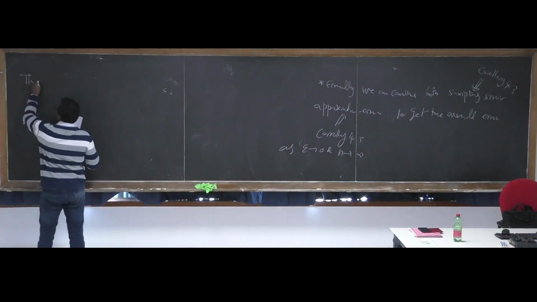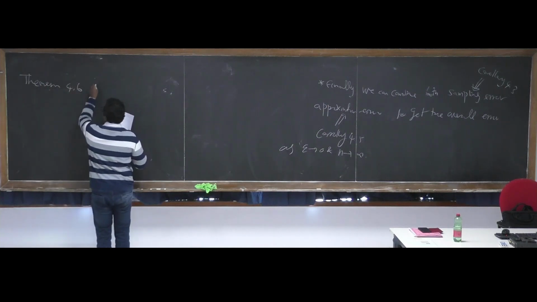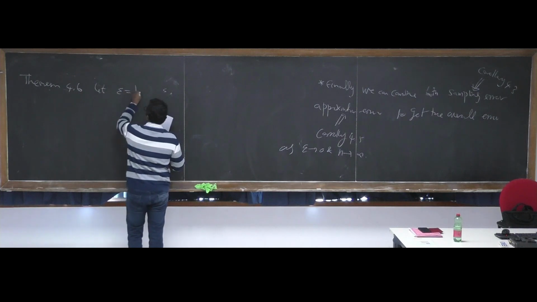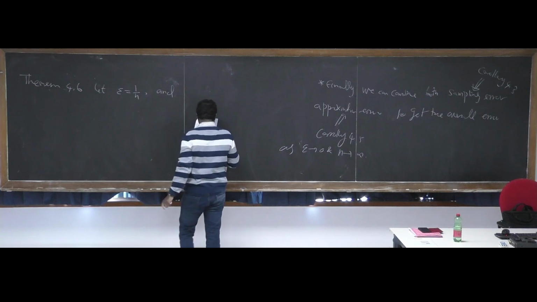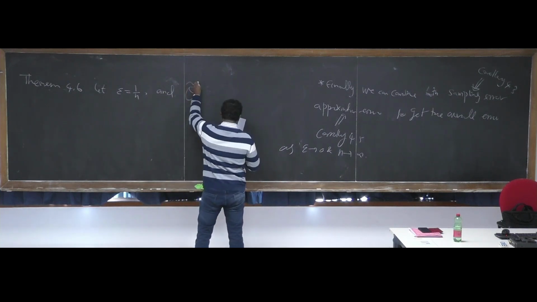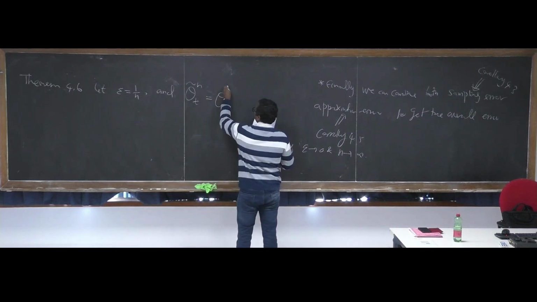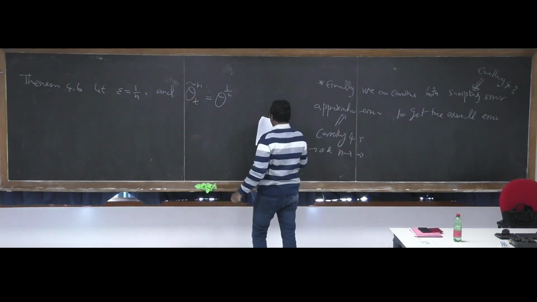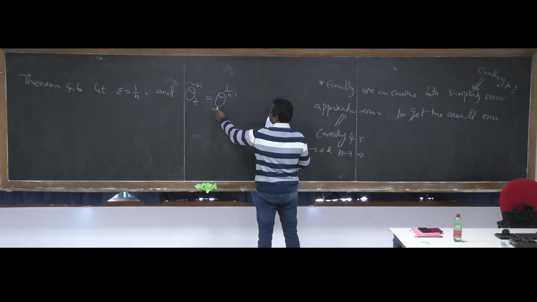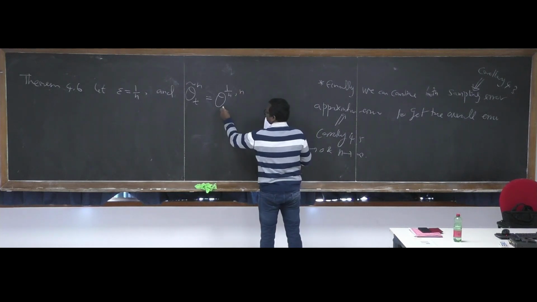Theorem 4.6. Let epsilon equal 1 over n, and θ tilde^n_t we denote as, for epsilon we take 1 over n, so we denote that as θ tilde^{1/n}, the empirical measure associated with the discretized version.